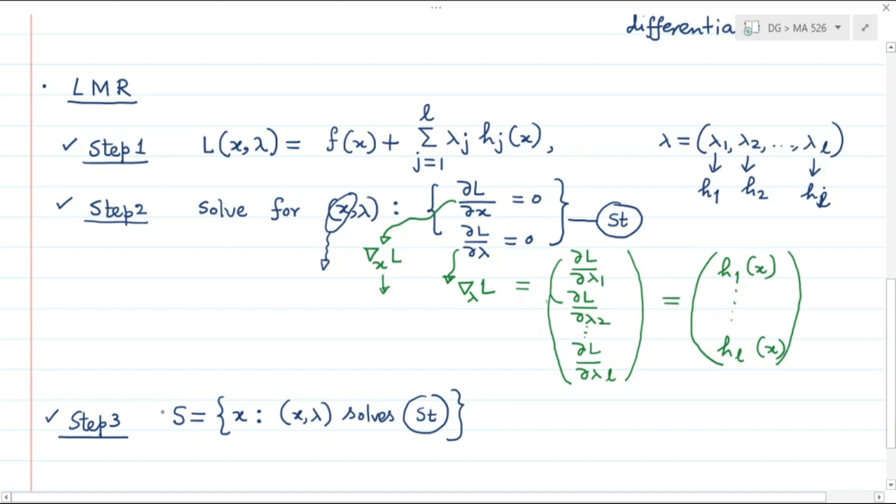Now in the set capital S, you have a collection of x's for which, associated to each x, you have a lambda such that (x, lambda) solves the stationarity system. Now out of the points x in capital S, you find the minimum value of the function f(x) where x is lying in S. Let me denote it with x bar, so that we are not confused that this x is a general variable.